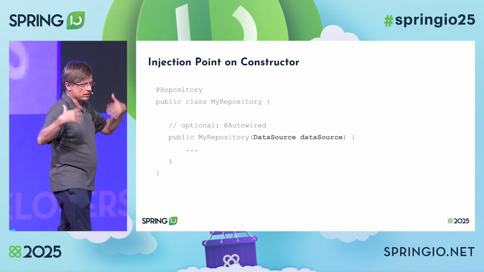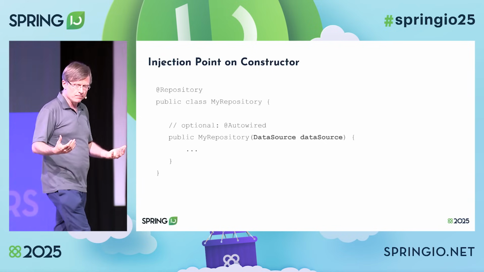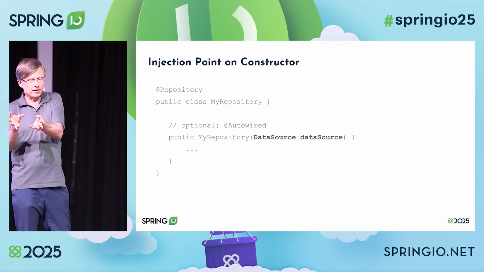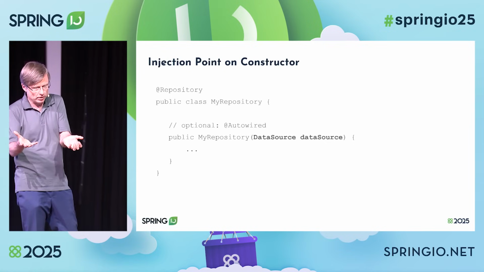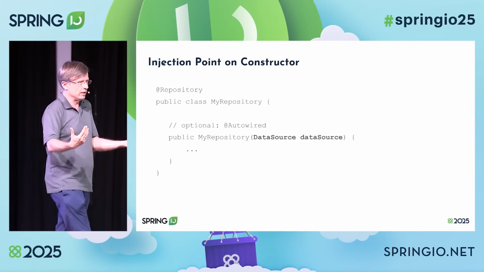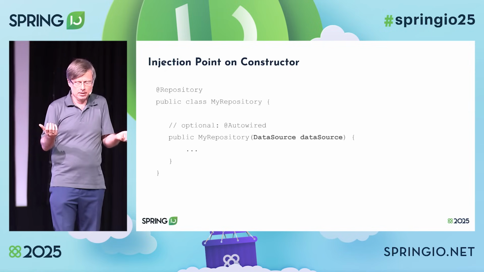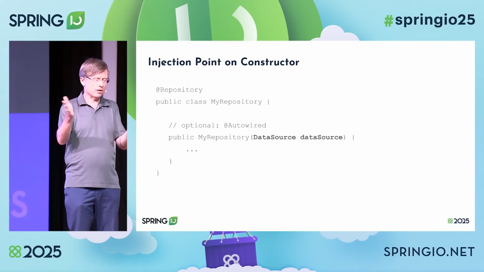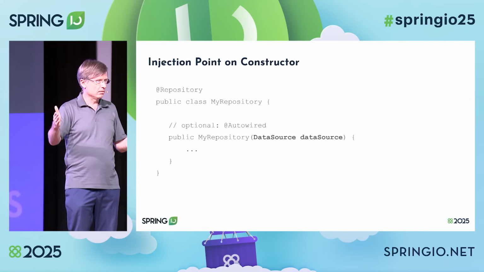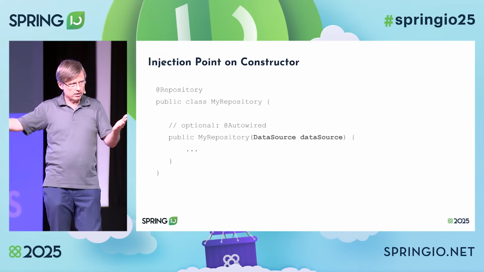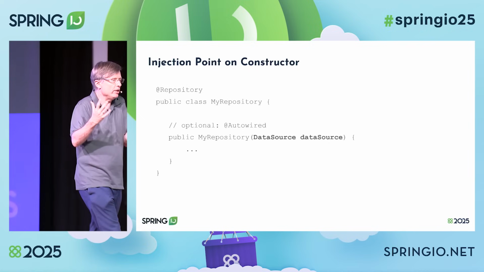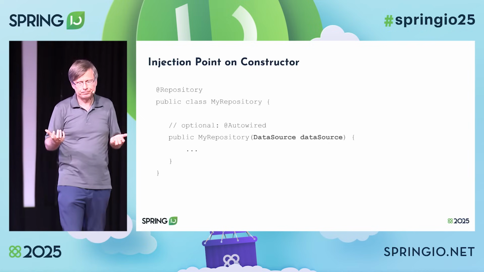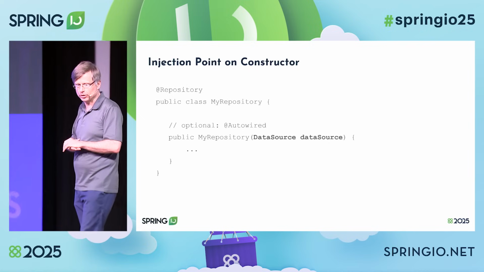You want the container to call this constructor and to resolve the data source for you, the data source bean usually, to be injected here. That's what you effectively mean. There could be several such injection points. So if you have a constructor with multiple arguments, every single one of those arguments is its own independent injection point, just to clarify the terminology.